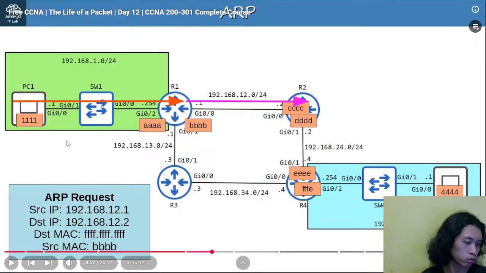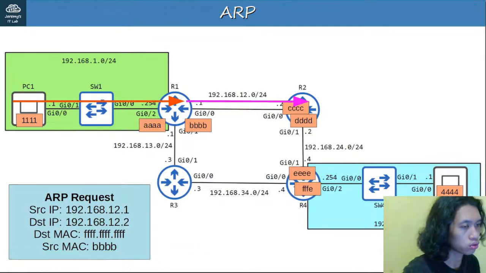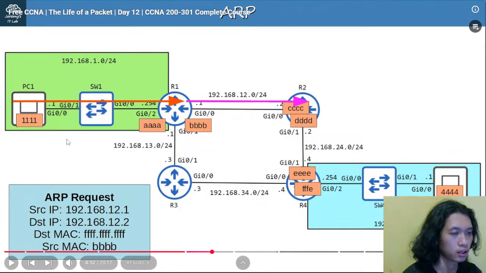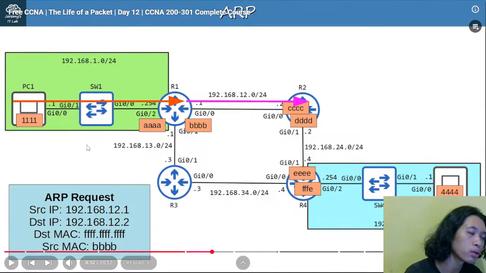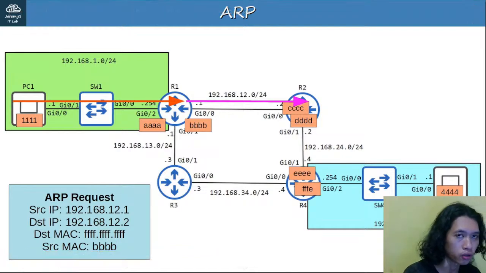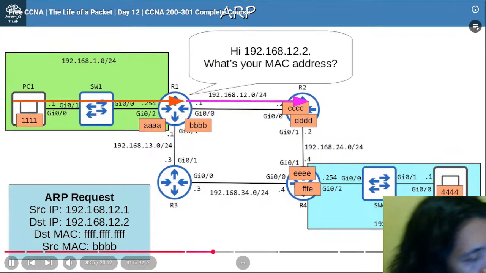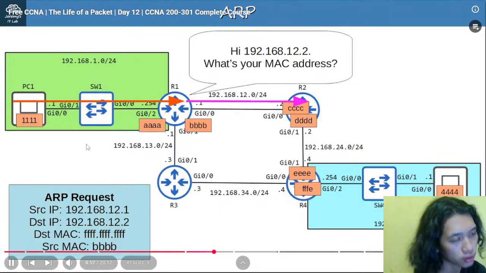The router, switch, and other devices each get a unique MAC address on every port. So my conclusion is that the ARP request is useful for finding that MAC address. What this ARP request says is, hi, 192.168.12.2, tell me the MAC address of that other interface.